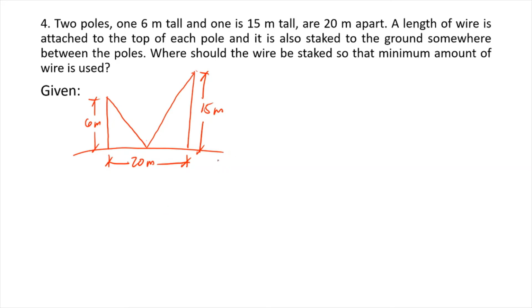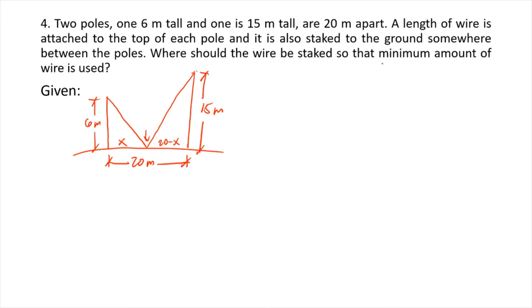We are asked to find the point, so this point here, where the wire is staked. So this is somewhere between the two poles. We don't know that yet, so let's call this part X, for example. If this is X and they are 20 meters apart, then this portion here is 20 minus X, right?